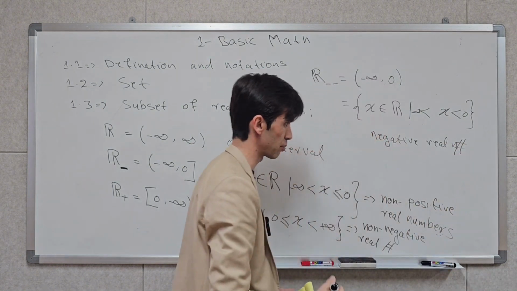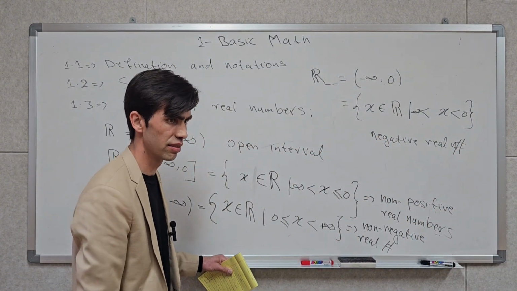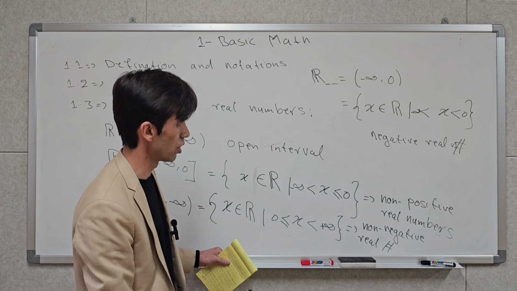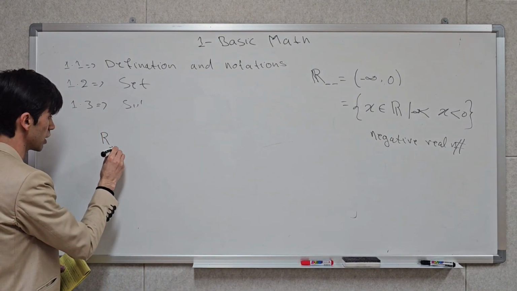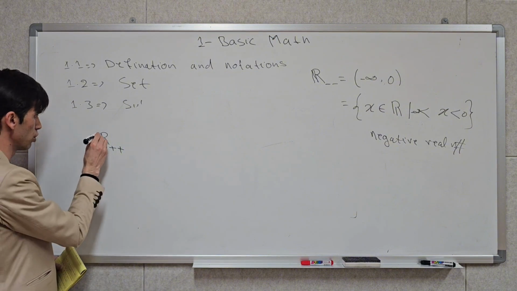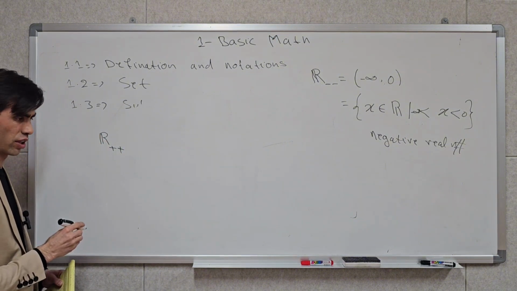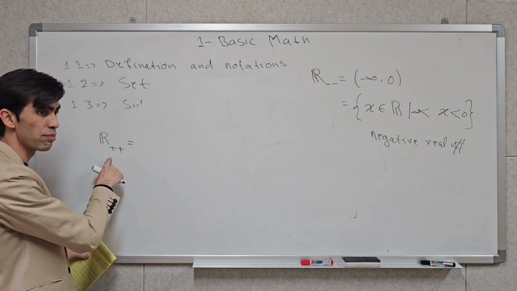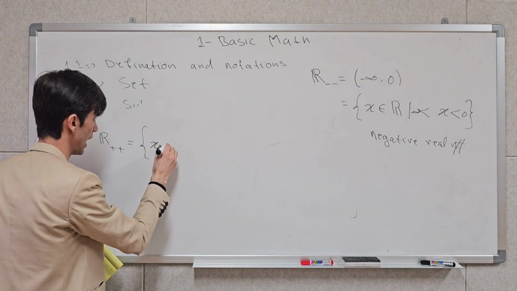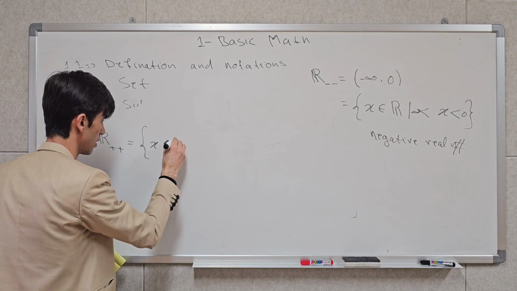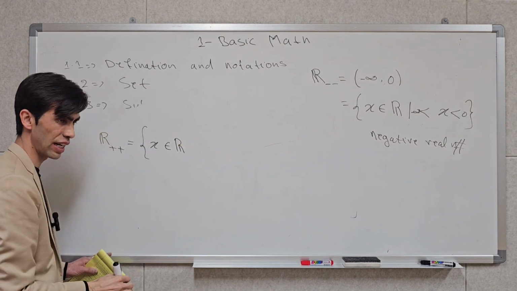Negative real numbers, or sometimes they call it strictly negative because 0 is not included here. And also this R with a positive sign means strictly positive real numbers.